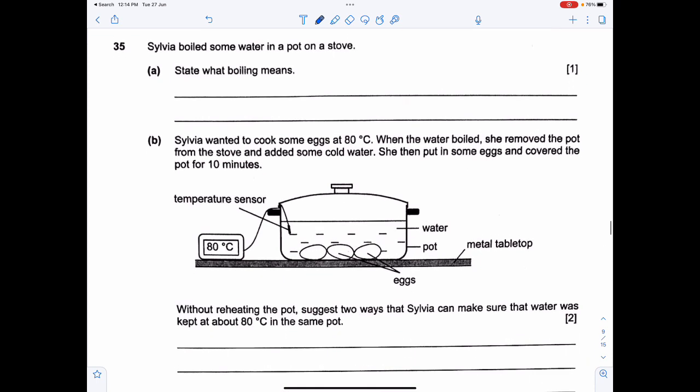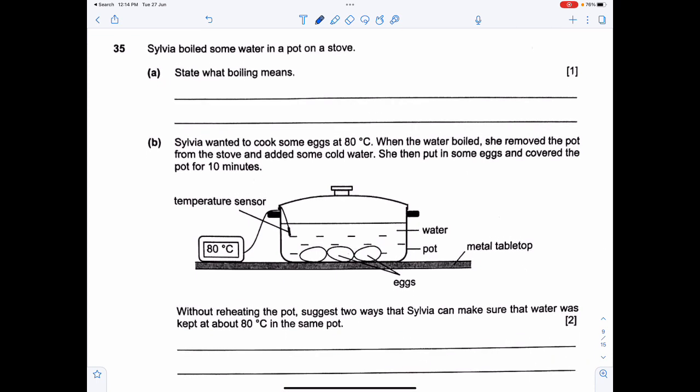Next, Sylvia boiled some water in a pot on the stove. State what boiling means. When we give you your notes at the back, the consolidated science PSLE notes, there is a whole list of definitions. You need to memorize them.